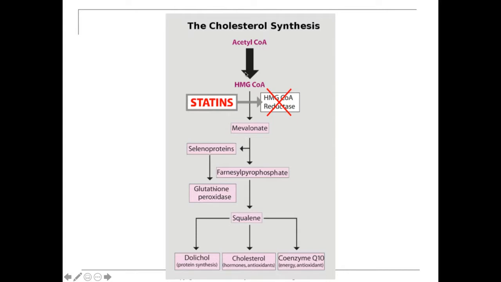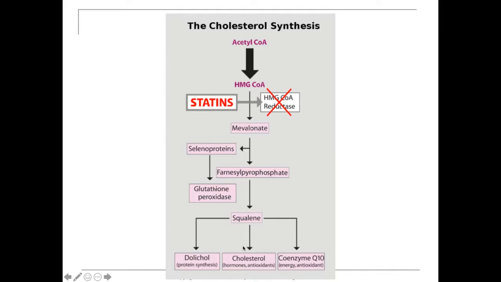So acetyl-CoA becomes HMG-CoA. HMG-CoA goes to mevalonate, and then you see this whole biochemical process in order to make cholesterol at the bottom. But in the same biochemical pathway, not only are you making cholesterol, you're making CoQ10.